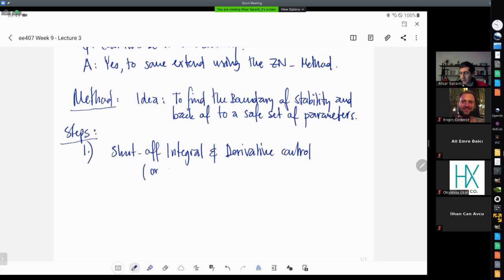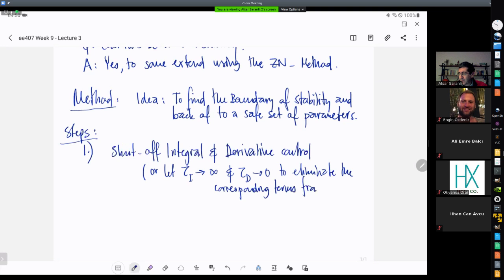Or let's for example let tau I go to infinity and tau d go to 0, to eliminate the corresponding terms from the u of t expression.